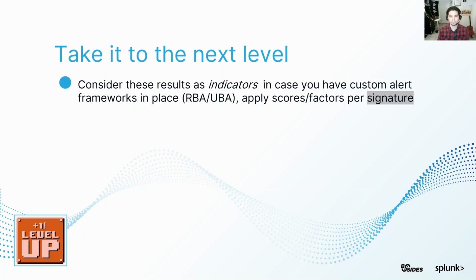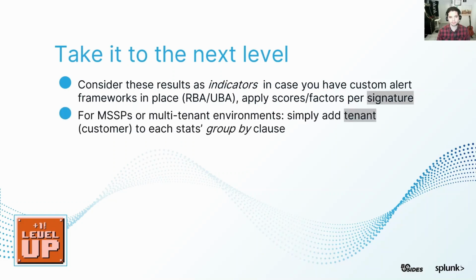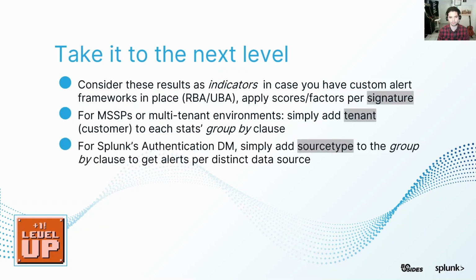You can also combine these with other fields that are part of the output. For MSSPs or multi-tenant environments, you simply add the tenant or customer information to all the stats commands. You add this to the group by clause, and you have the same detection for your multi-tenant environments.